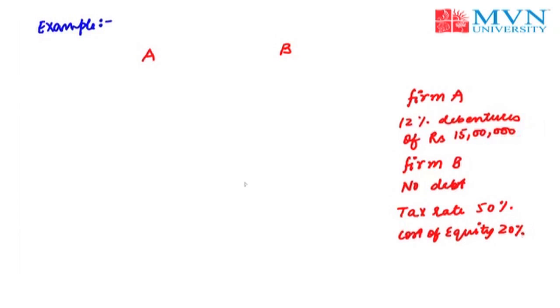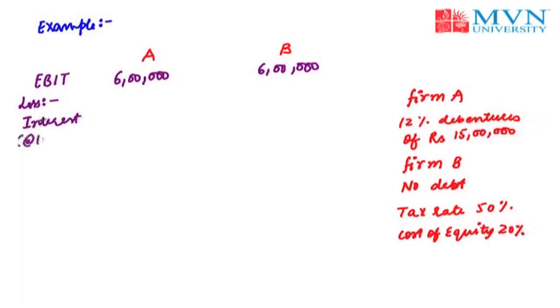We are provided with the earning before interest and tax, and both of the firms have earnings of 6 lakh rupees. Since firm A has issued debentures, we need to deduct interest at the rate of 12% of the capital from the earnings of firm A. But the firm B doesn't have any debt. That's why we don't need to deduct anything from firm B's earning.